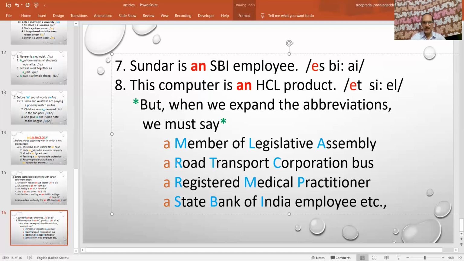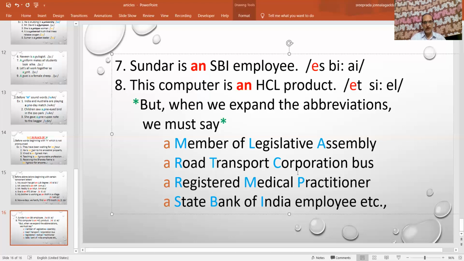The same is the case with an RTC bus, but when it is expanded, we should say a road transport corporation bus. A registered medical practitioner. We cannot say an registered medical practitioner because we are not pronouncing all the three words at one go.